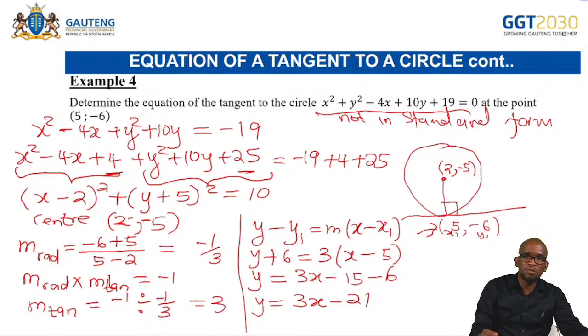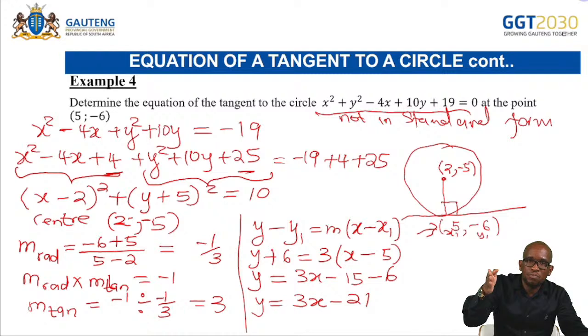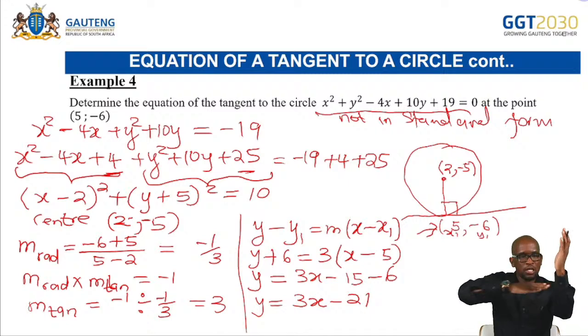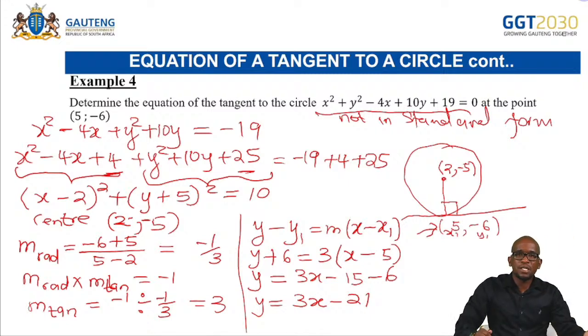Right, let's review the steps again. First things first, you check whether the equation of the circle is given in standard form. If it's in standard form, then you are going to be able to pick up the center as well as the point of contact, which means that now if you have the center and the point of contact, you can work out the gradient of the radius. And then from there, we know that the radius is perpendicular to the tangent, which means that the product of their gradients becomes minus 1.